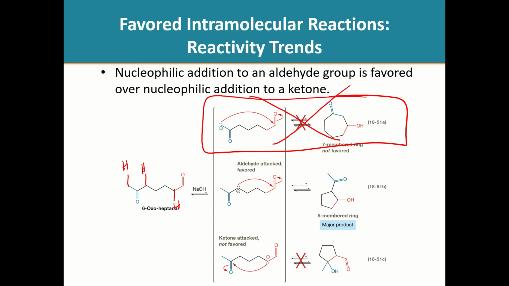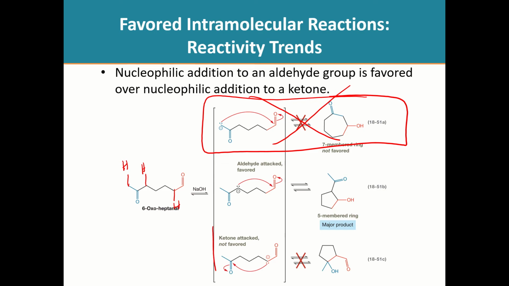So what you want to do is have the enolate attack the aldehyde, shown here. Because the aldehyde is more reactive, we want the enolate to attack it. That's more probable. It's energetically more favorable. That's how it works. And so we can see that this is going to be our major product because the enolate is attacking the aldehyde.